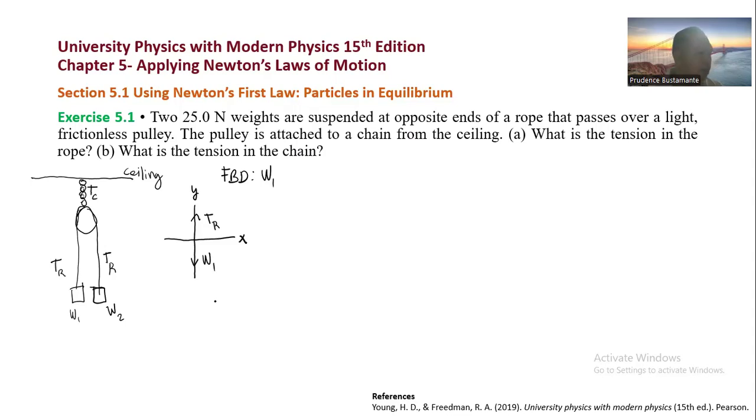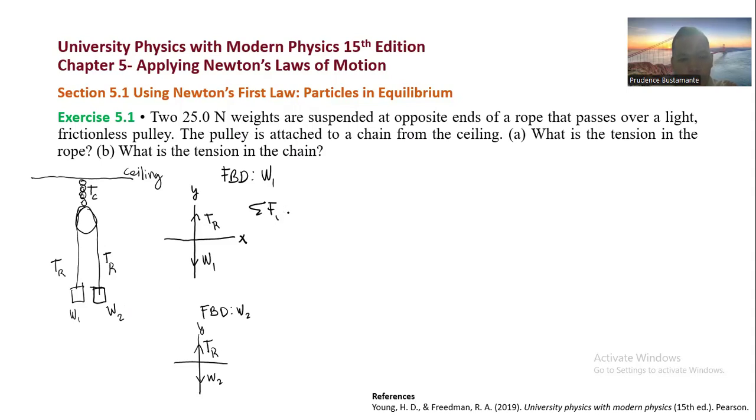Now the free body diagram of weight two, the same setup. Here we have the tension of the rope, and we have the weight two here. This is an equilibrium, so we're going to use Newton's first law of motion here.